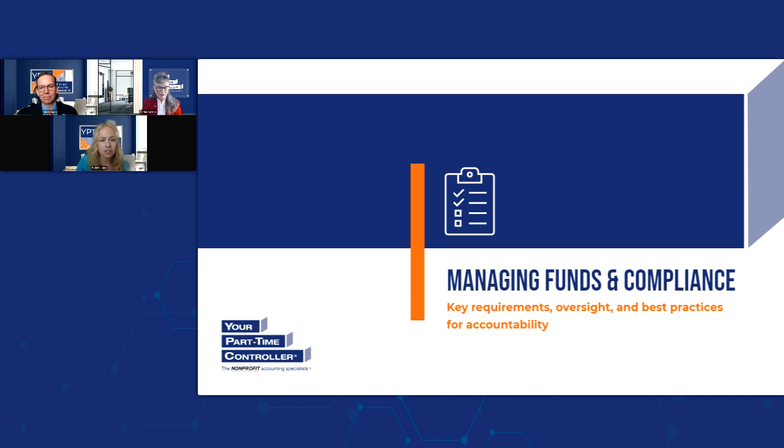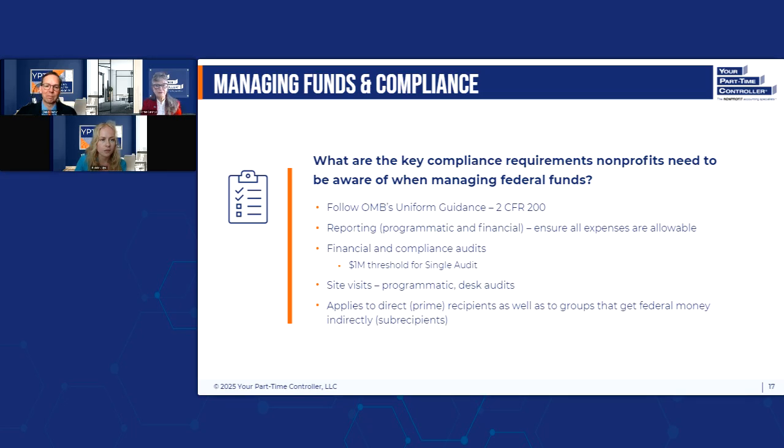In this next section, we'll be addressing questions related to key compliance requirements and how to navigate federal oversight effectively. And Hattie is going to really provide a lot of insight here. So is it easy to keep or renew federal funding? As we're showing, no, right? But what are some of the key compliance requirements nonprofits need to be aware of?